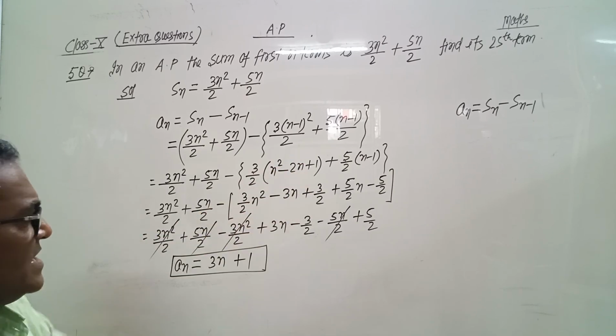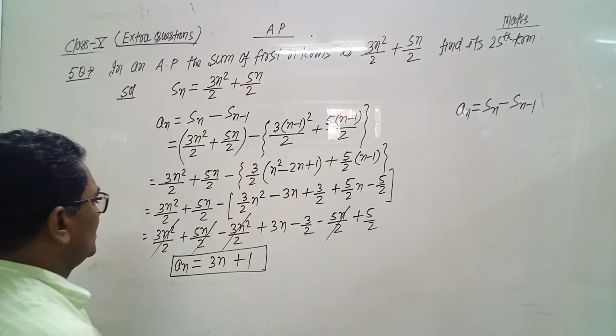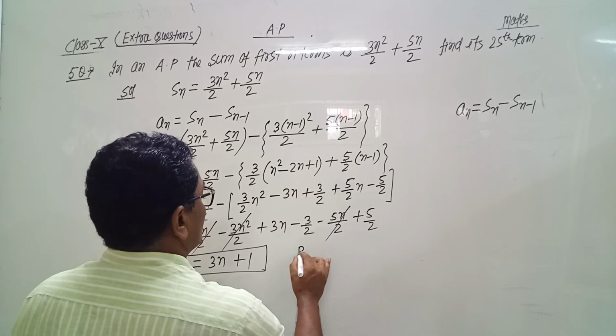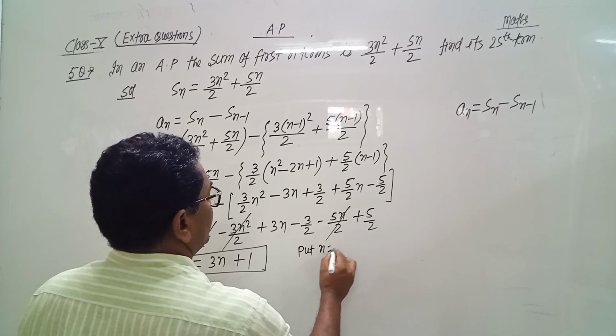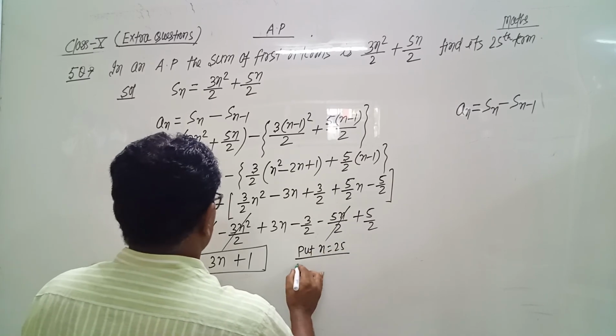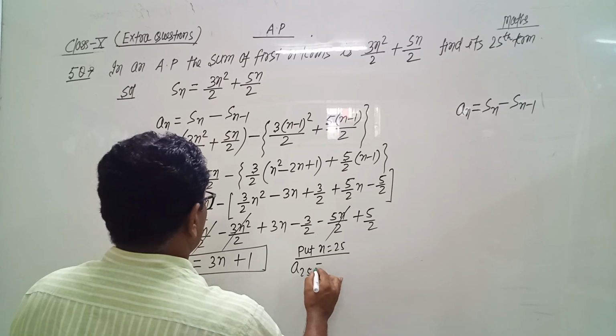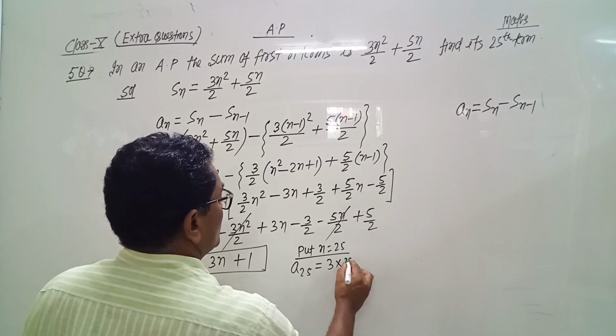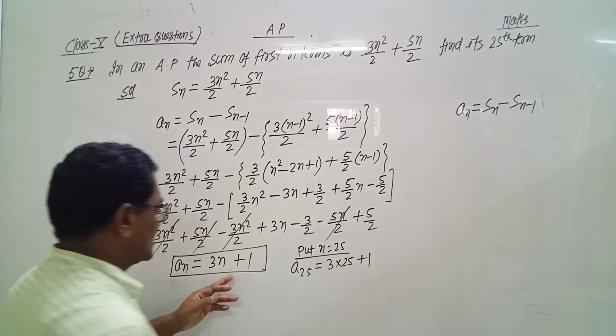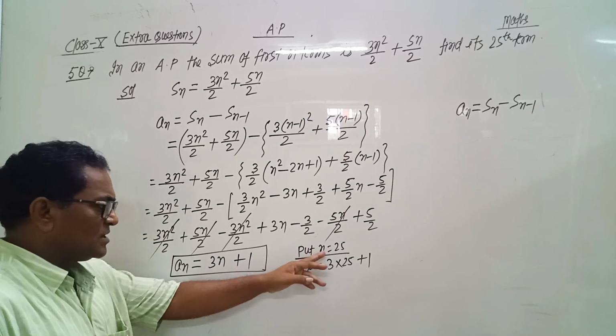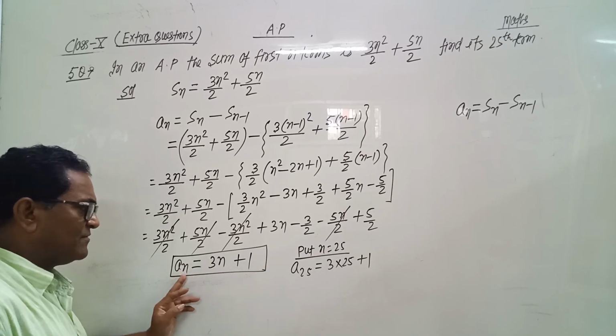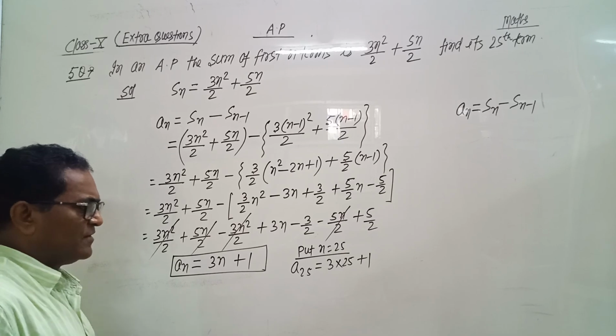Now we have to find its 25th term, which means put n equal to 25. So a25 equals 3 into 25 plus 1. In this expression, we substitute the value n equals 25 for finding the 25th term.